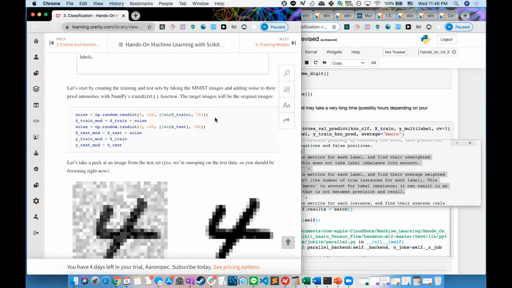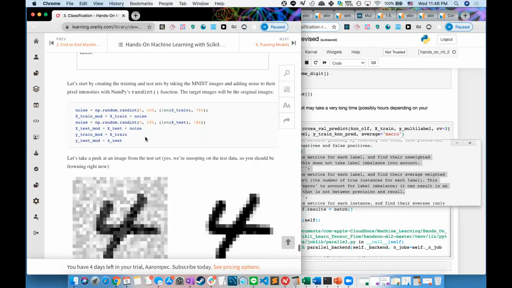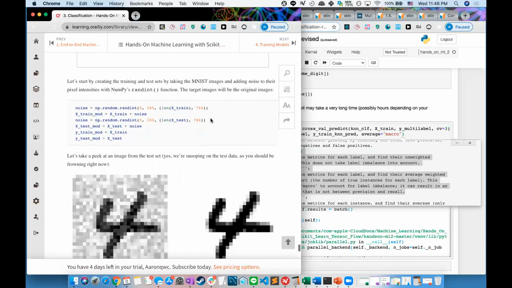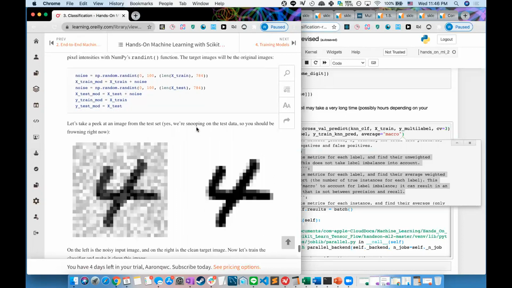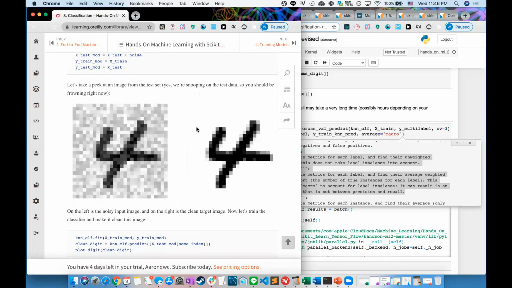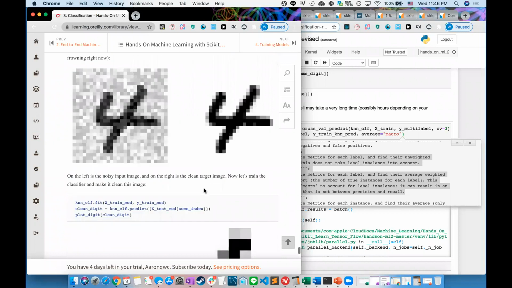So basically, this was just adding some random noise into the original pixel values per array, and using the original images as the target images, and training it to see if you can clean the noisy image.